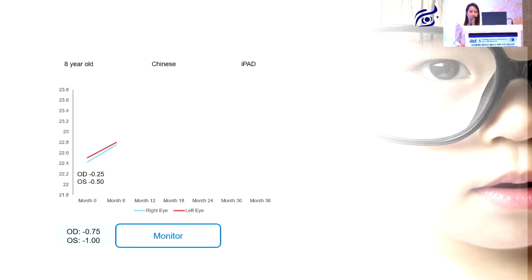Next case, I'd like to talk about this 8-year-old Chinese boy. Low myopia to begin with, about -1 diopter and -0.5 diopter in the right and the left eye respectively. Following up the patient over 6 months, we realized that the patient had a slight increment in axial length, and the degree was the same.